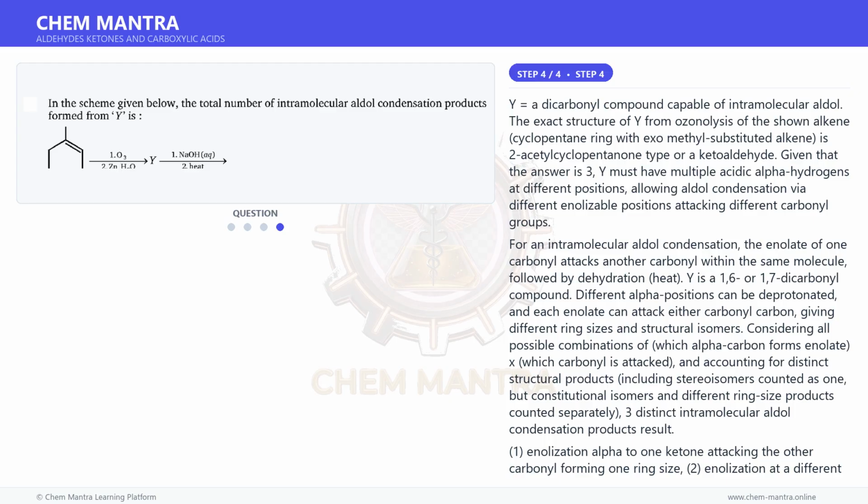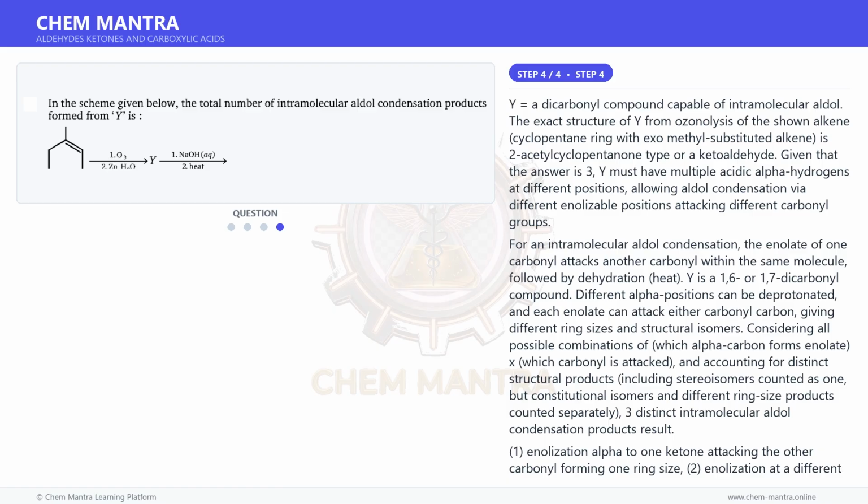The exact structure of Y from ozonolysis of the shown alkene, a cyclopentane ring with a methyl-substituted alkene, is an acetylcyclopentanone type or a keto-aldehyde. Given that the answer is 3, Y must have multiple acidic alpha hydrogens at different positions, allowing aldol condensation via different enolizable positions attacking different carbonyl groups.